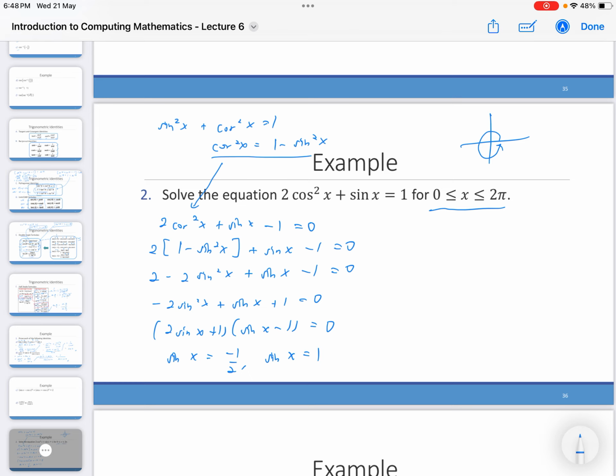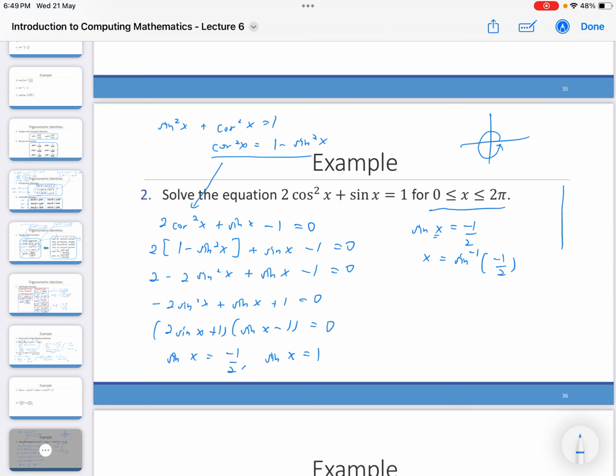So first we solve this one, sin x equals negative 1 over 2. To get x, we want to find the angle such that the sine is equal to negative 1 over 2. So this is where we use the inverse function: x is equal to sine inverse of negative 1 over 2.